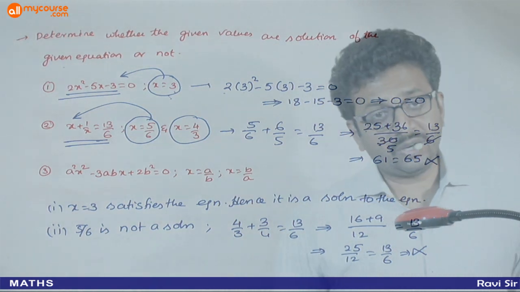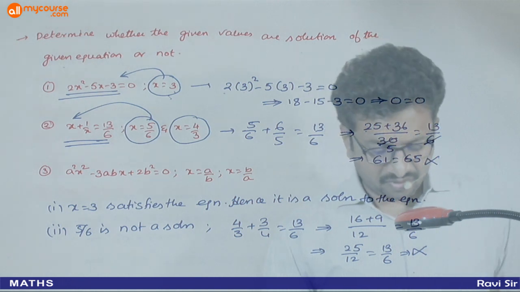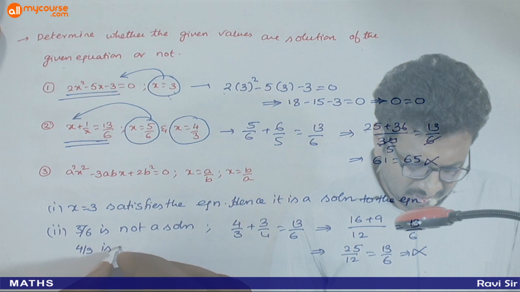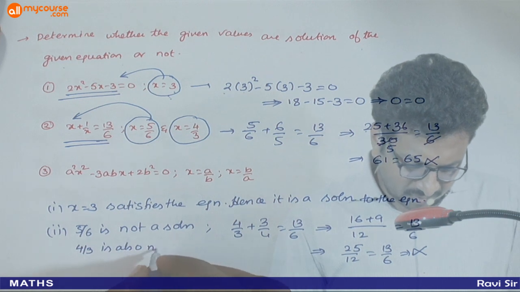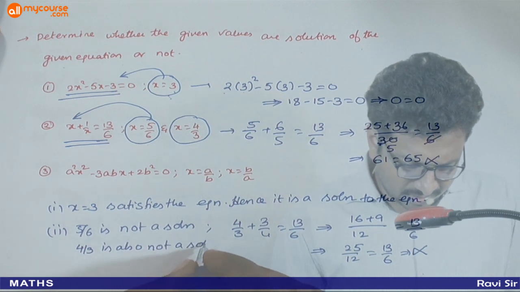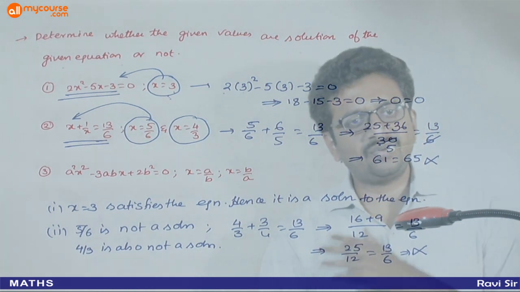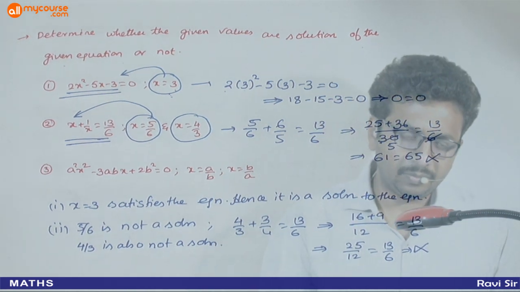So 26 by 12 is not same as 25 by 12, hence 4 by 3 is also not a solution. So if it satisfies, it is a solution; if it does not satisfy, it is not a solution, simple.